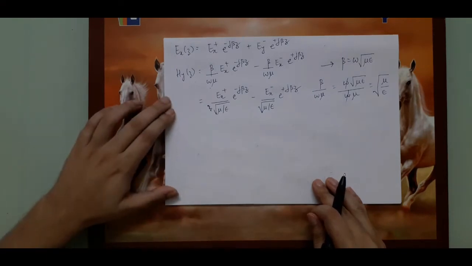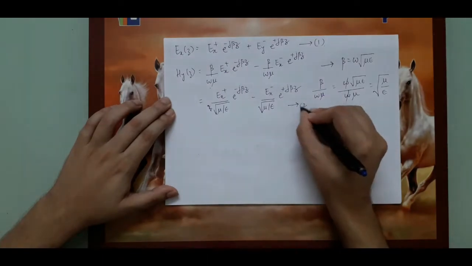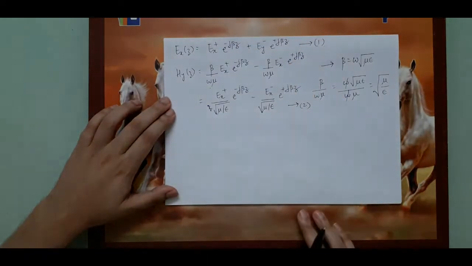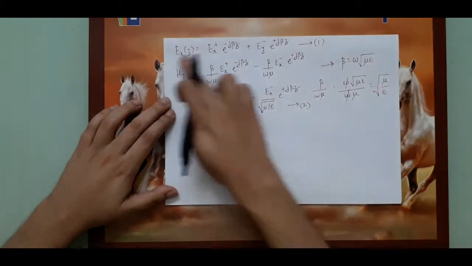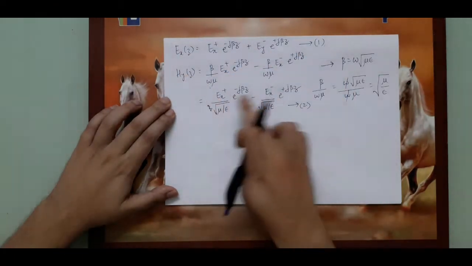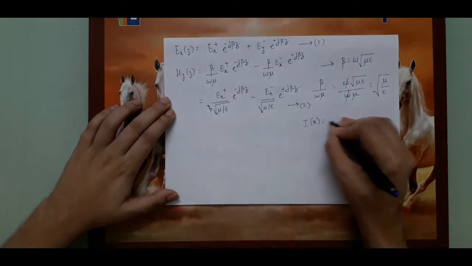So now let's call this equation 1 and this equation 2. What are we seeing? We are seeing that just like a lossless transmission line, the expression for E is following voltage and the expression for H is following current. So if you remember, the current expression was something like this.